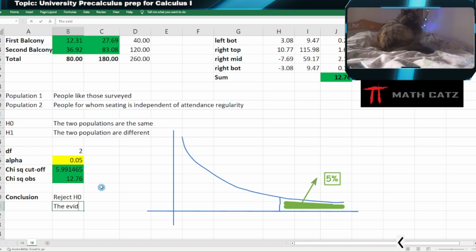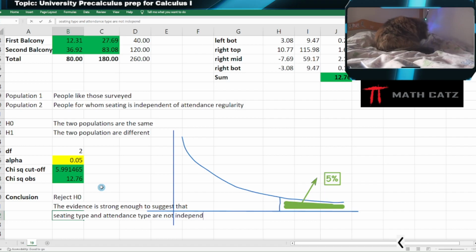The evidence is strong enough to suggest that seating type and attendance type are not independent. Right? It's too extreme.